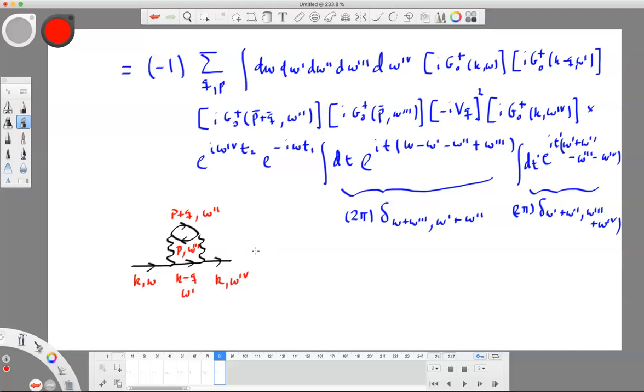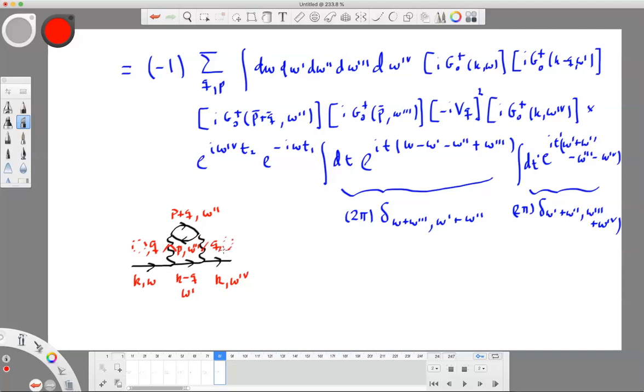And now we have the momentum Q coming down. We will see that we have to associate some momentum and some frequency to this. I'm not going to put that in yet.